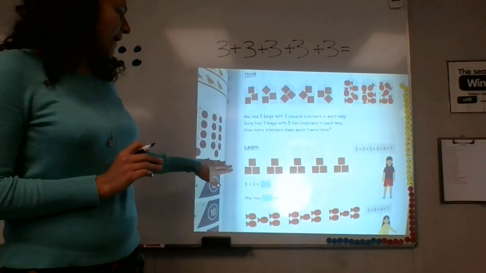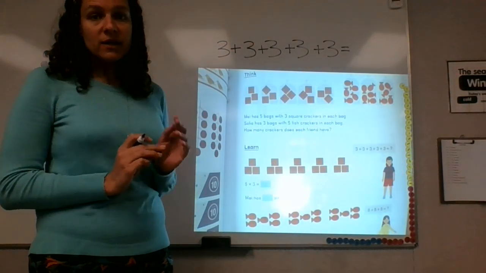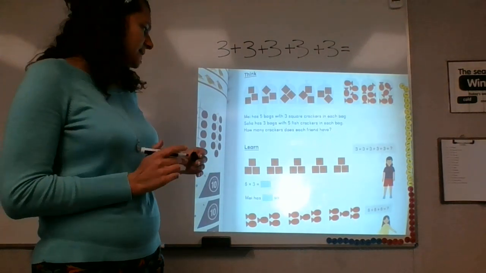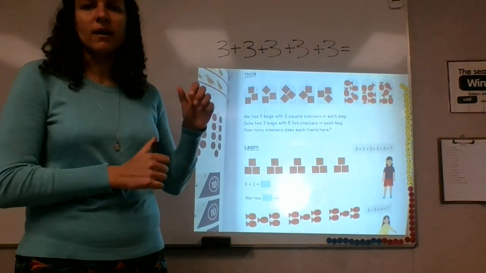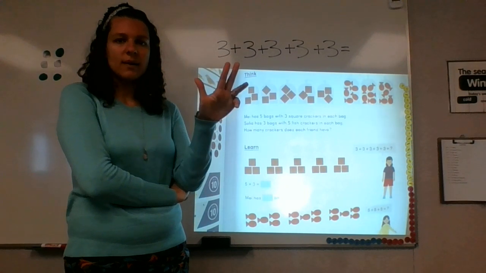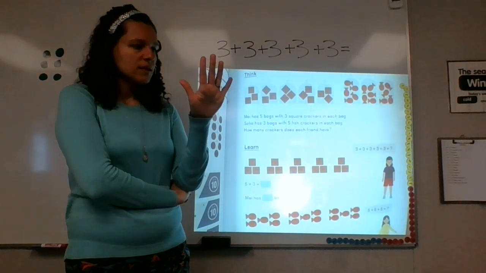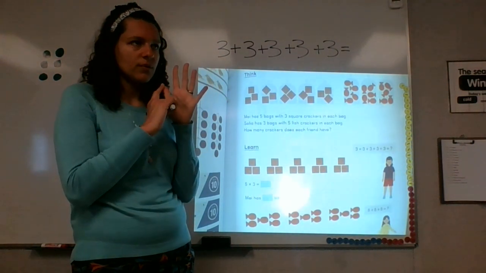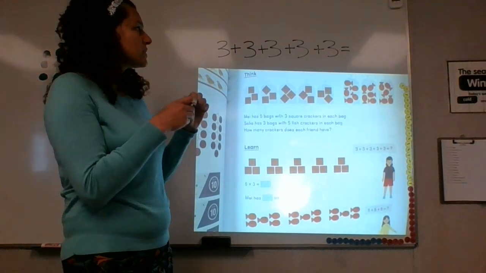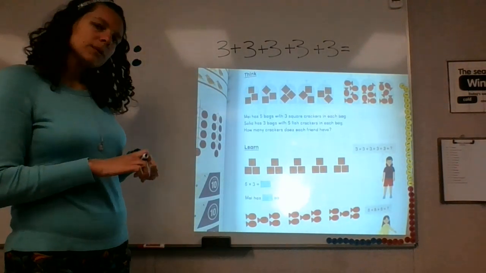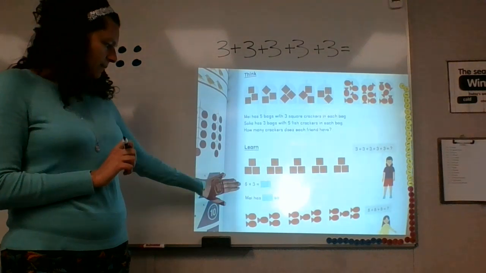If you want to count to help you, you can, but try and count by 3s instead of 1s. Ready? Let's do it together. 3, 6, 9, 12, 15. So that's 5 3s, which is the same as, what would our multiplication equation be? It's right there, right?